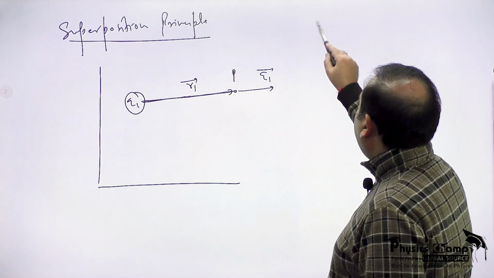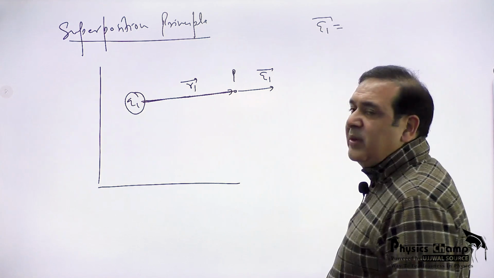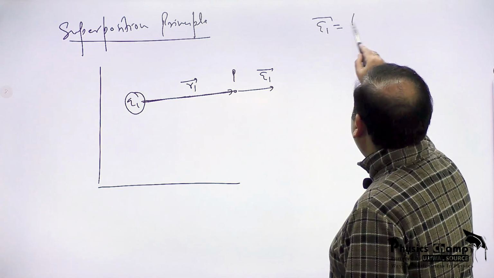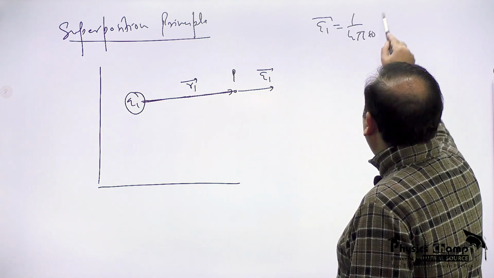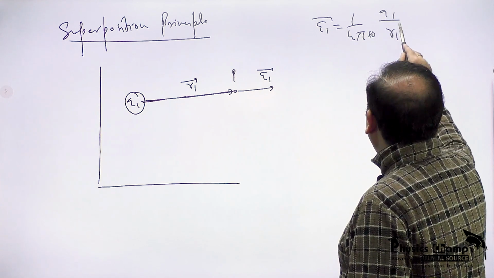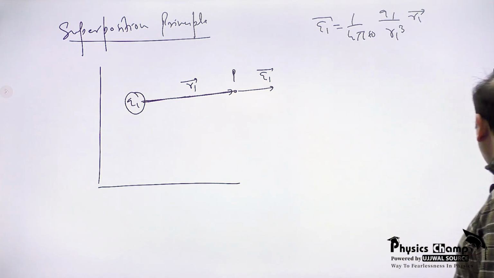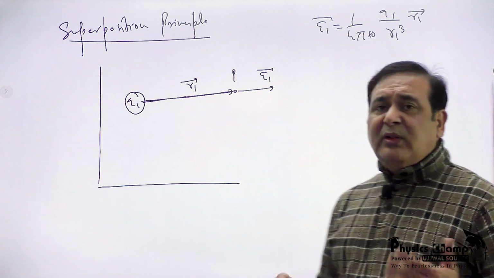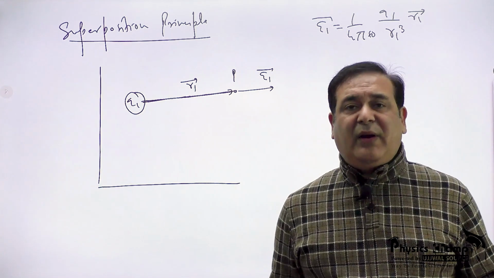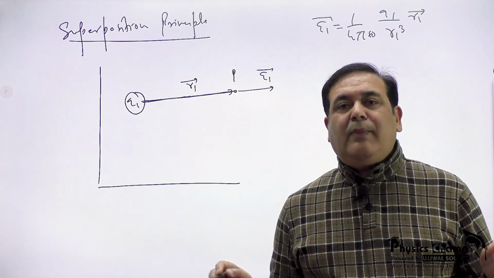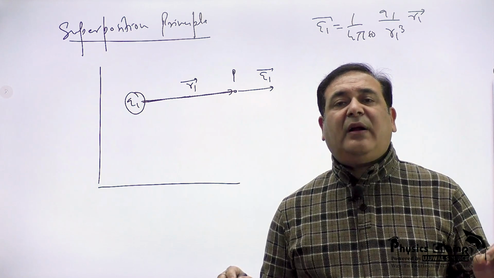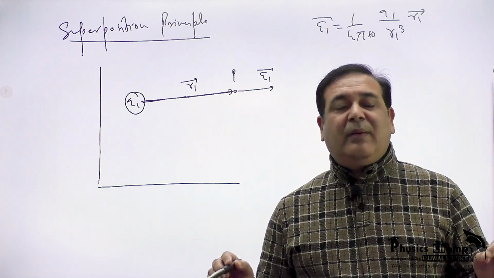So there is one electric field due to charge q1 here, and it is 1 by 4 pi epsilon naught q1 by r1 cube into r1 vector. Similarly, there may be another charge. As a whole, the superposition principle of electric field just says that at a point the net electric field is the vector sum of all the electric fields present there.